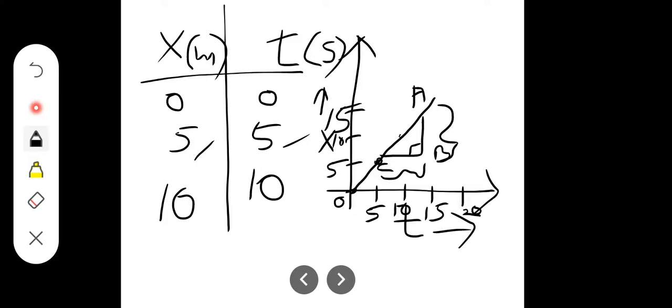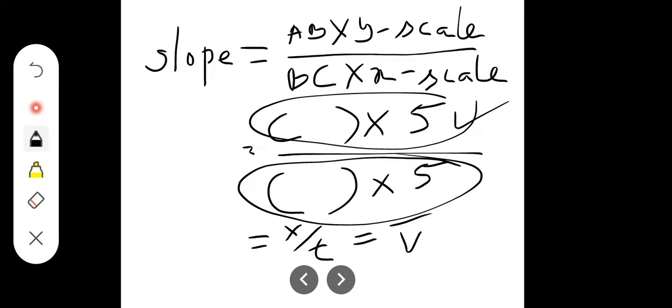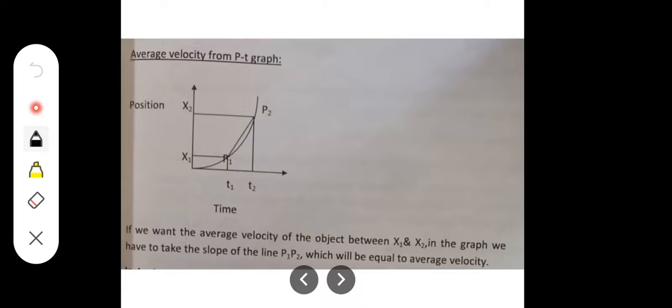Okay, so from the position time graph we get average velocity. That itself is explained here in this page. Okay, see, average velocity from pt graph, position time. Okay, so this is how we'll get average velocity.